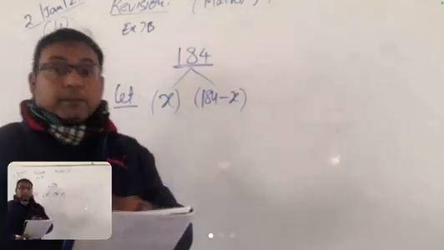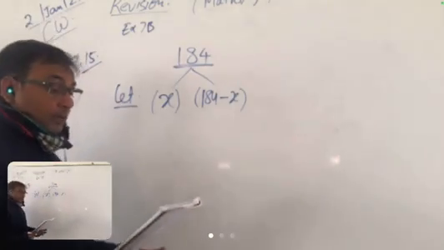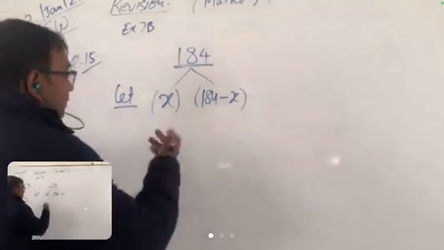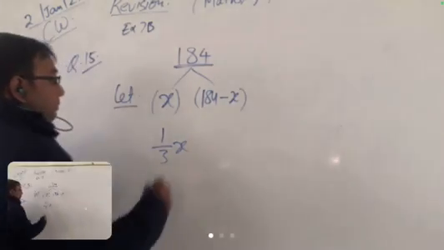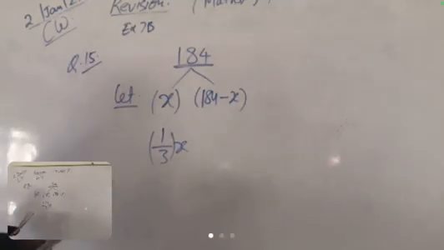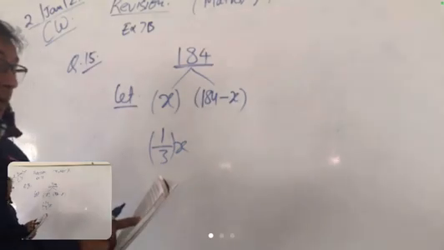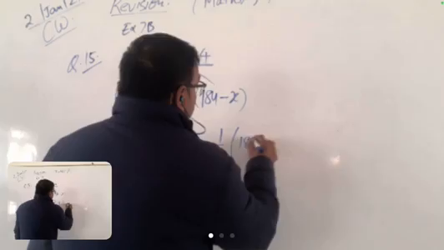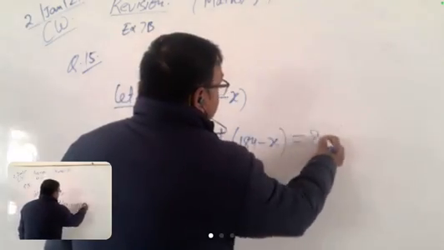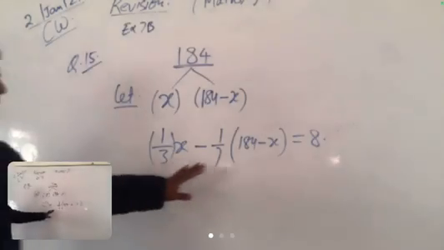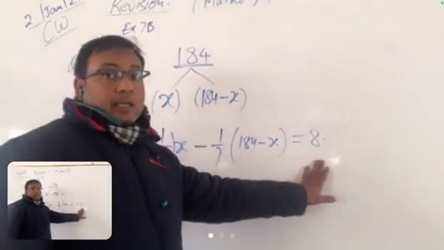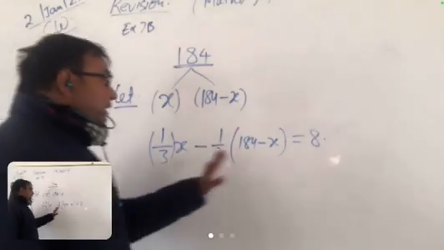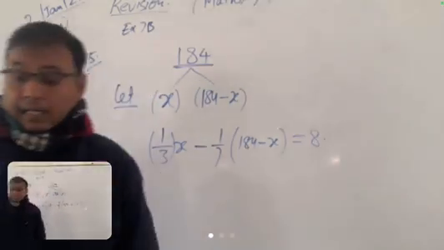There is no clarity about which part comes first and which comes later. Just such that one third of one part, so 1/3x, and now may exceed 1/7 of the other part by 8. Exceed means greater. So the first part is greater than the second part by 8.